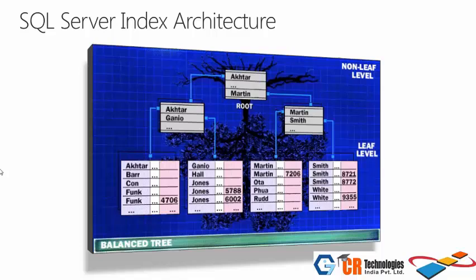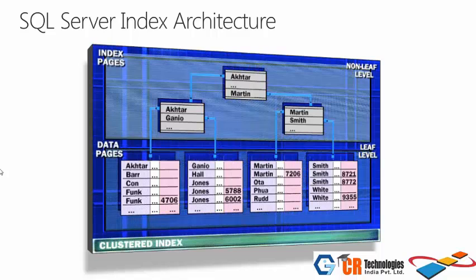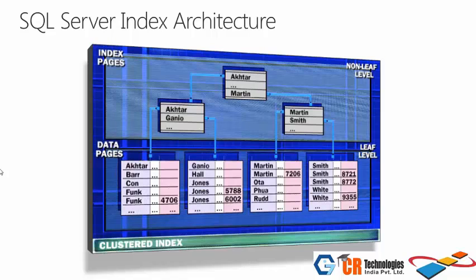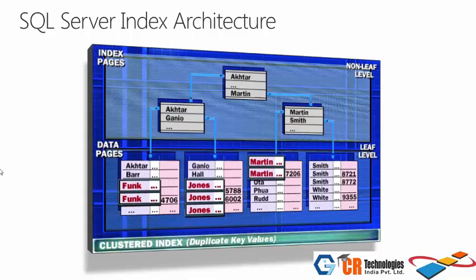SQL Server supports two types of indexes, clustered and non-clustered. Both types of indexes have similar B-tree structures. In a clustered index, the leaf level is the actual data page. For a table with a clustered index, data is physically stored on a data page in ascending order. The order of the values in the index pages is also ascending. SQL Server internally maintains uniqueness of key values for a clustered index, even if the column data is not unique.